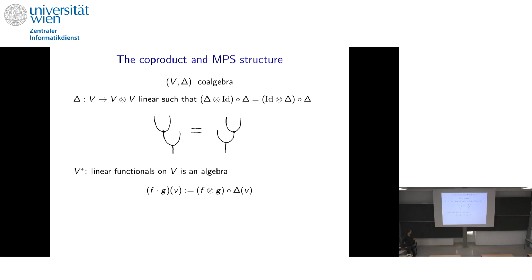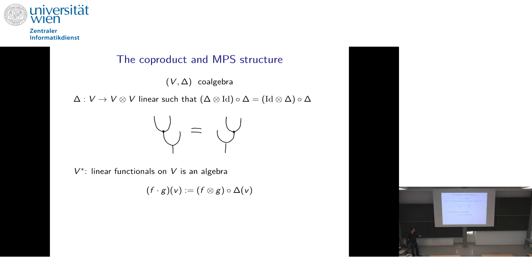All right, so you might think that this coalgebra structure is very weird, but don't panic, it's actually very well known. If you take linear functionals on a coalgebra, they form an algebra structure. So coalgebras are essentially just the dual of algebras. How do these linear functionals form an algebra?